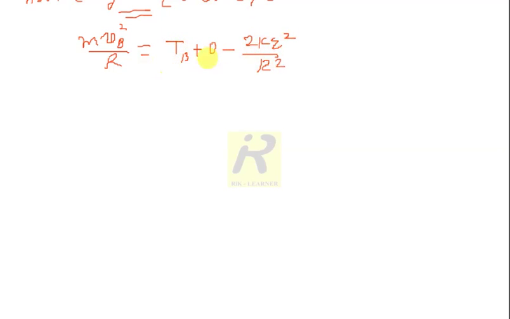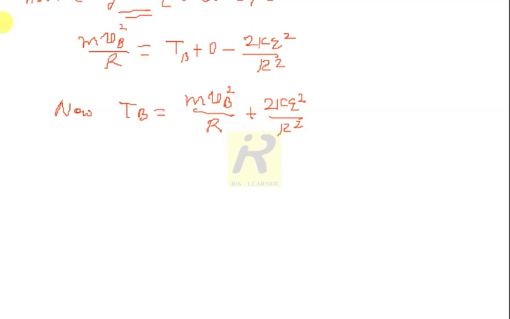If you give any velocity, you can bring this one here. So now TB is equal to mVb square divided by R, then I can put plus 2kq square divided by R square.